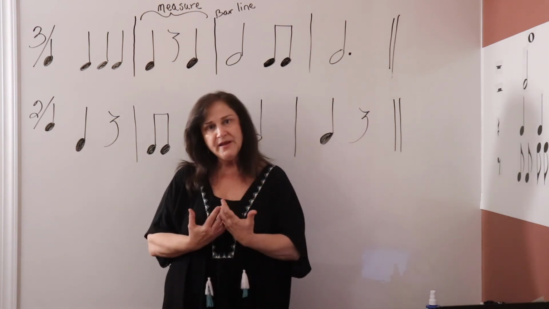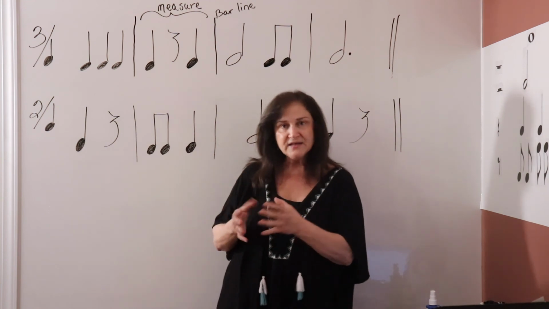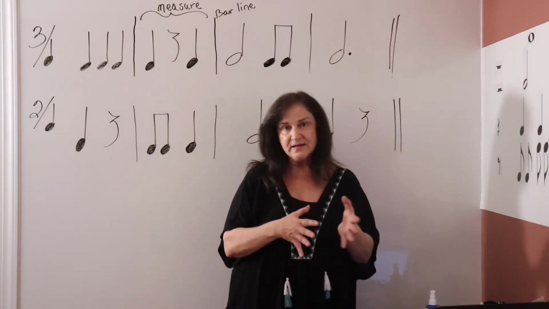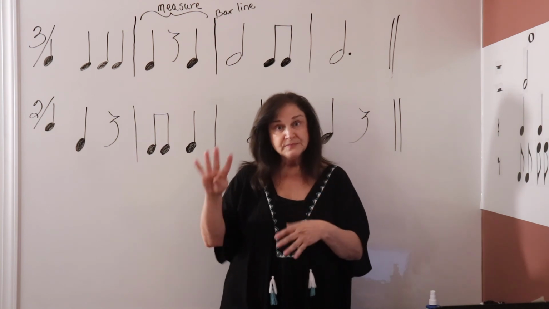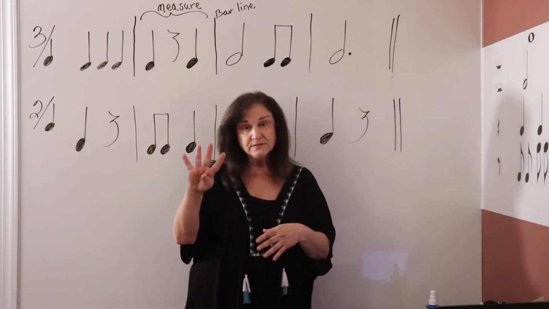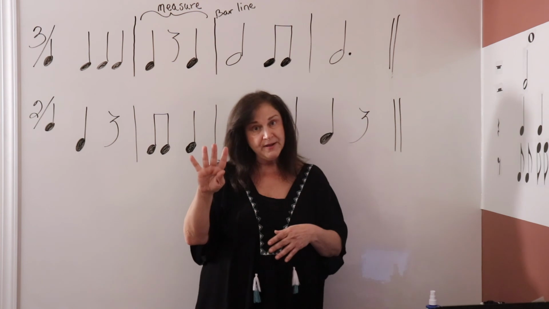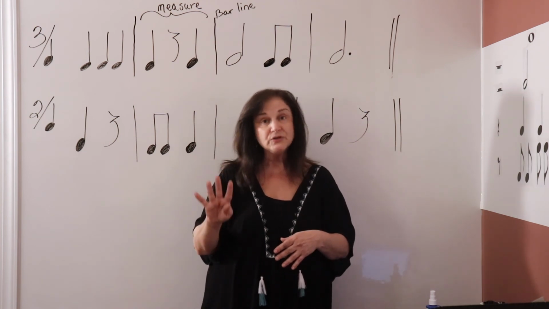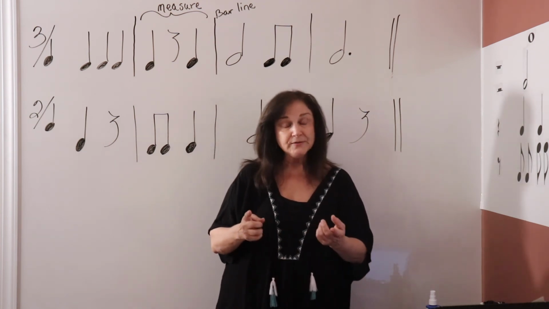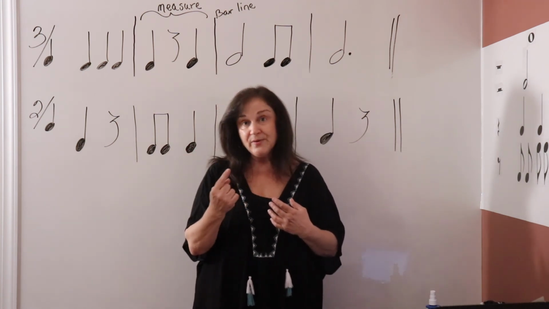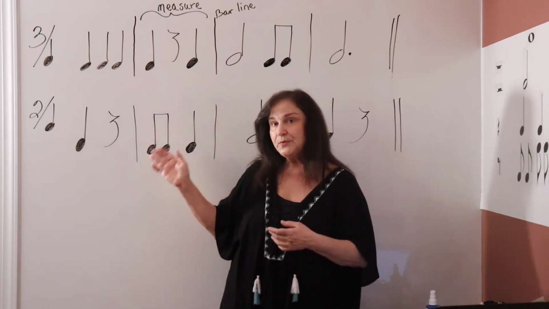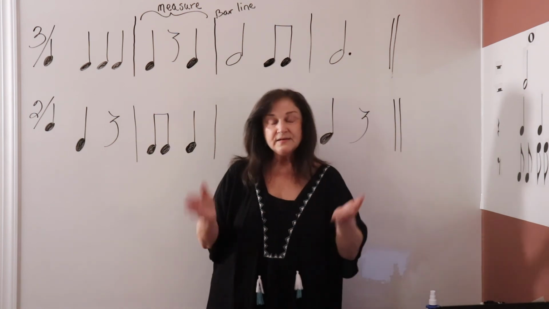We talked about meter, where we have accented and unaccented pulses. Quadruple meter, 4 beats, accented on 1 and 3, unaccented on 2 and 4. Triple meter, accented on 1, and 2 and 3 unaccented, and then duple meter, which is accented, unaccented.